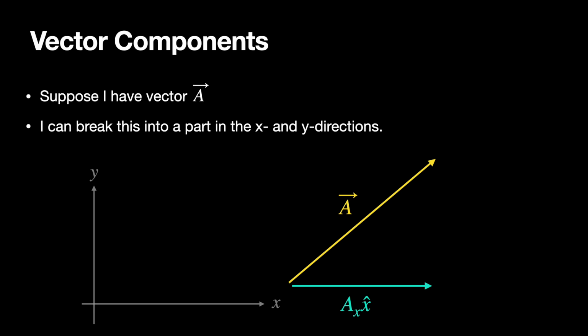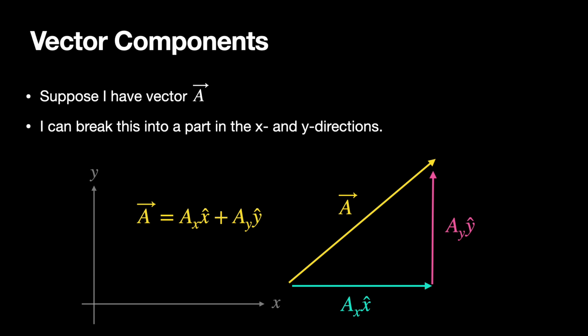And then I have a y component, A sub y, times y hat. You can see that these two vectors, Ax x hat plus Ay y hat, do add up to the vector A. I start with the tail of Ax, then add Ay to the end of Ax, and then the vector A goes from the tail of Ax to the tip of Ay, and it does work.